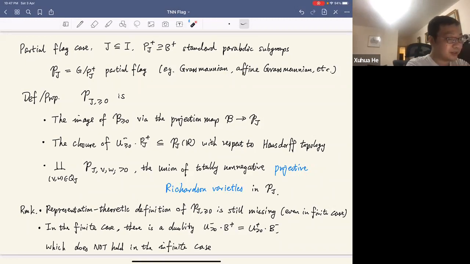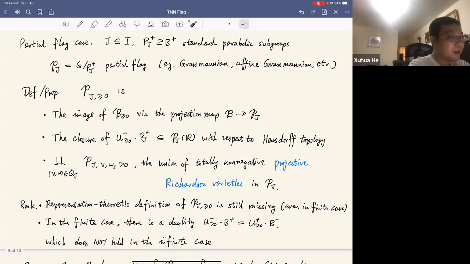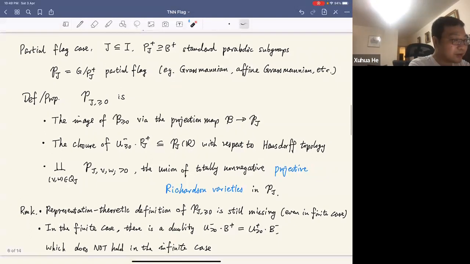Any questions? Well, how do we define the totally non-negative part of the partial flag? There are several ways to do this.